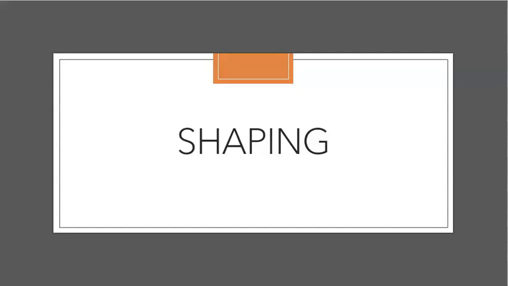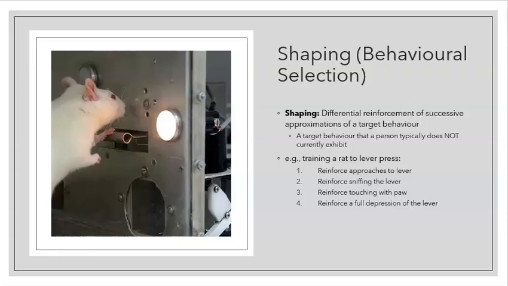In this video, we're going to finish up chapter 6 and operant conditioning. So the final thing we're going to talk about is shaping. Shaping is kind of like a precursor to operant conditioning. It's how we select the behaviors that are going to be used in operant.